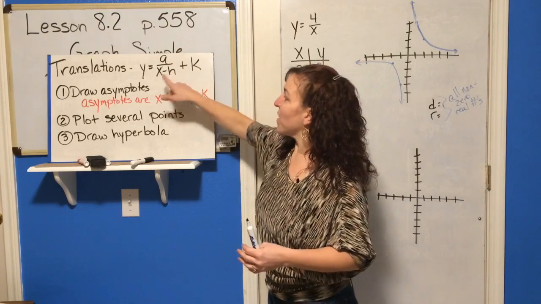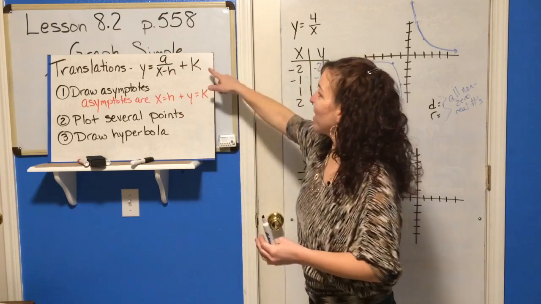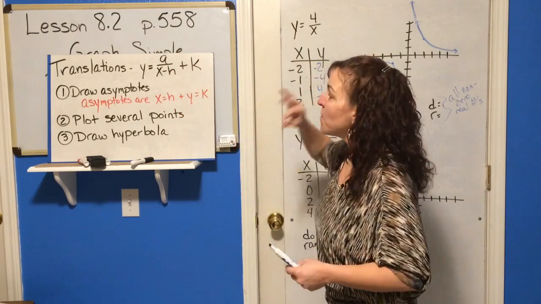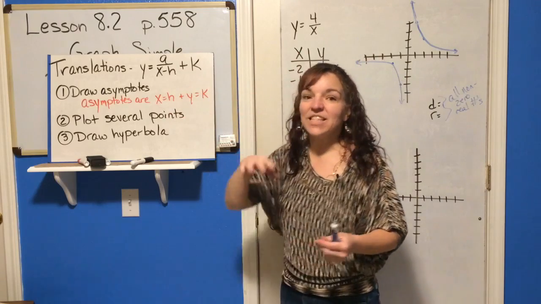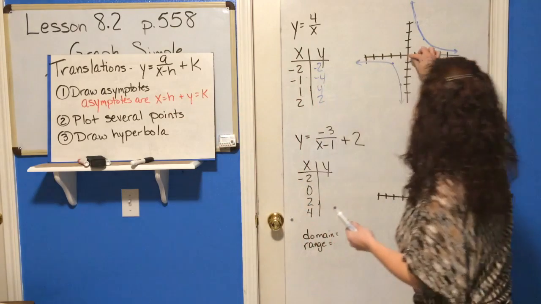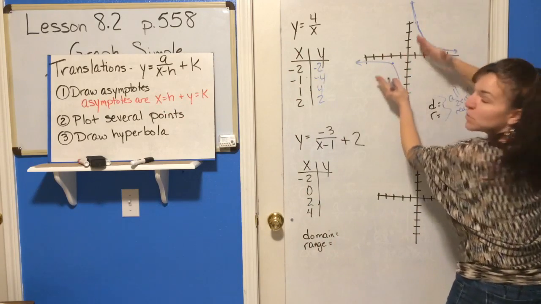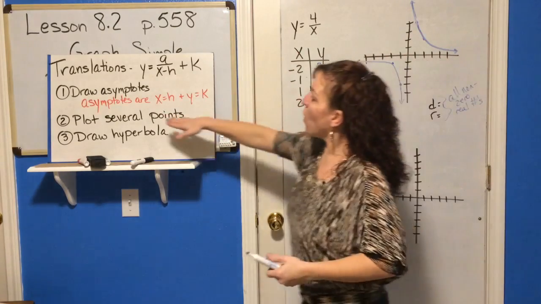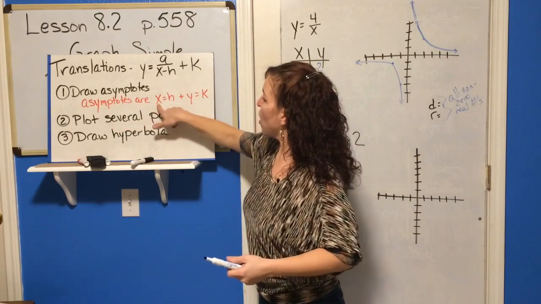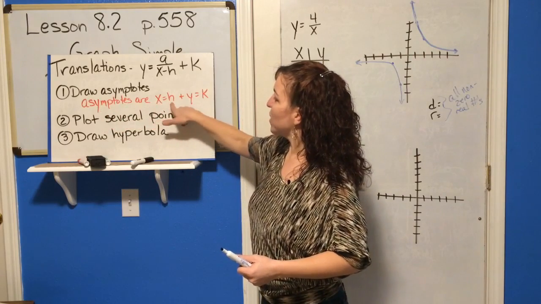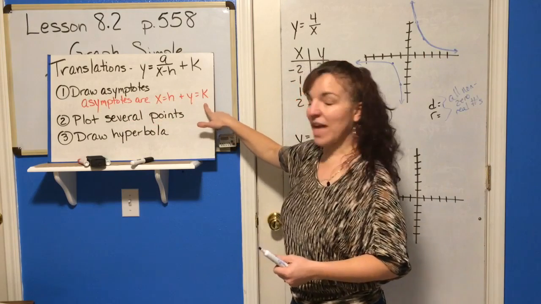So the h is the right or left shift, and the k is the up or down shift. What that shifts is the vertex, the middle of our hyperbola. So it's going to shift where those asymptotes end up. The asymptotes are where x equals h and y equals k.